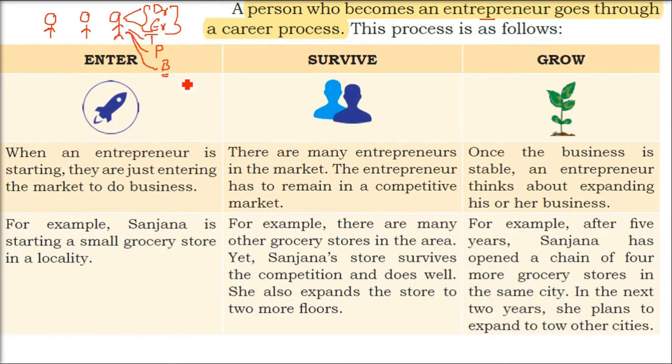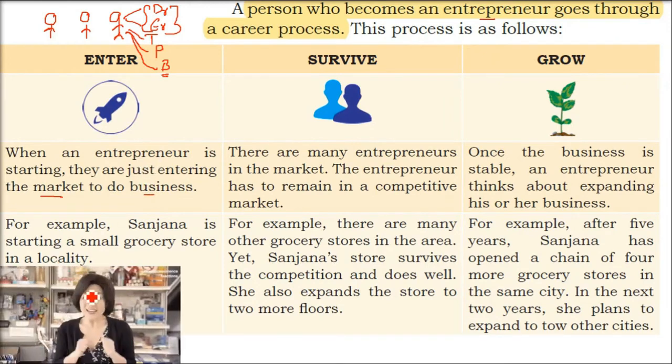What about business? People who opt for business. The first thing is entry, in any kind of job and entrepreneurship also. When an entrepreneur is starting, they are just entering the market, because business is done in the market. Let us take an example.